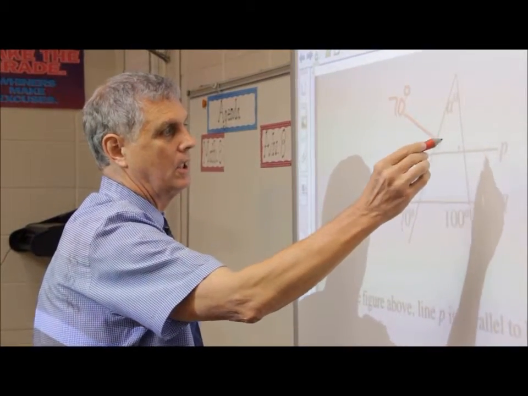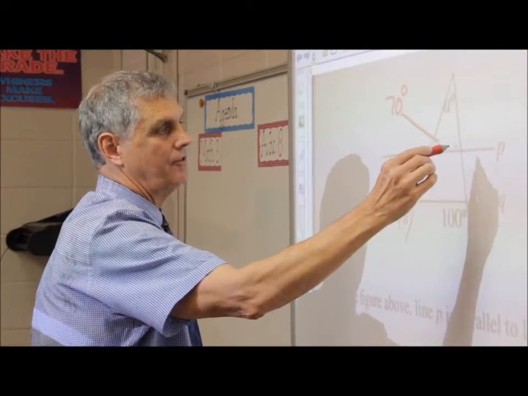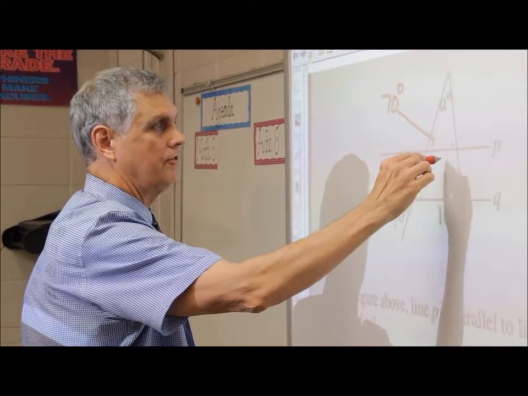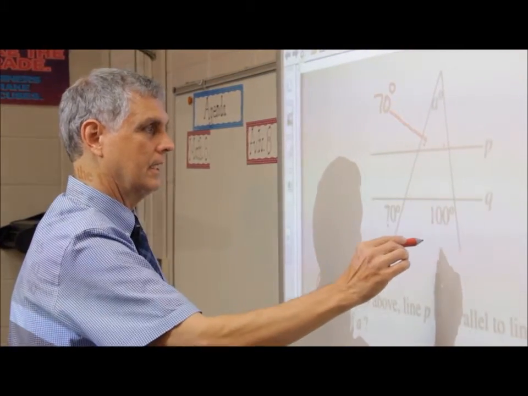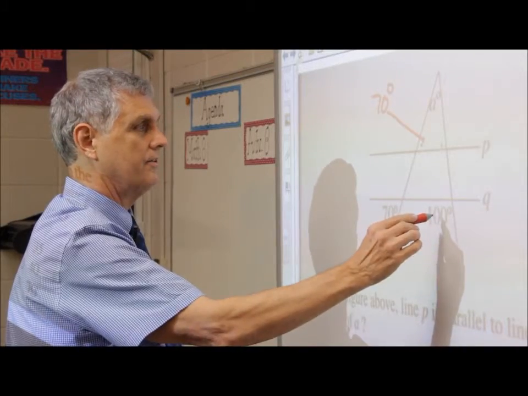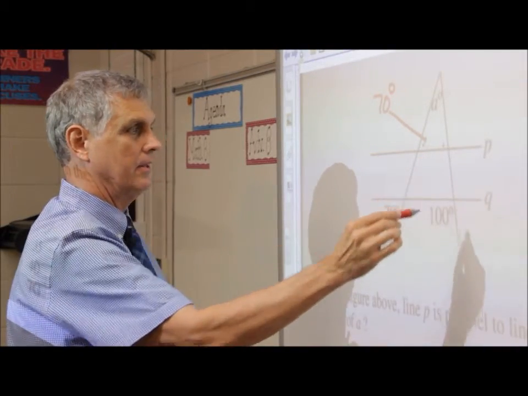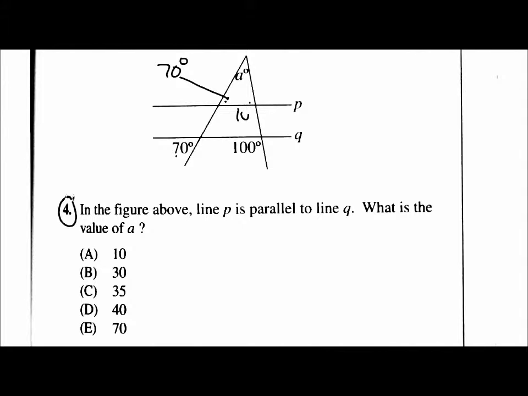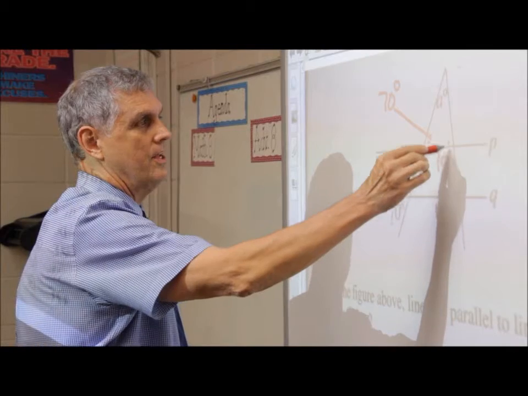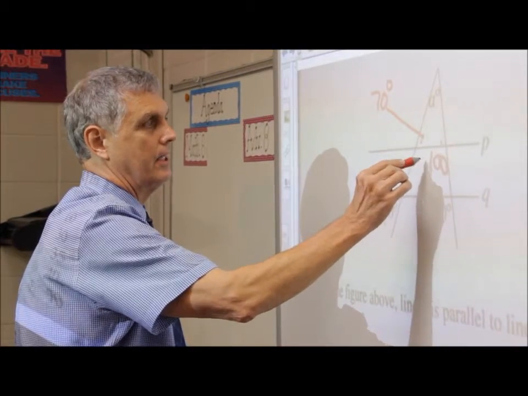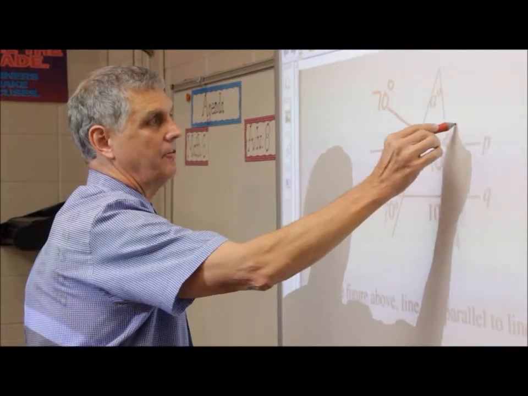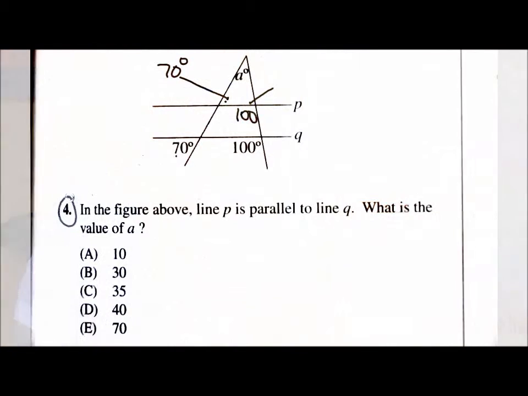So this angle right here has to be the same right here. This is underneath, so it would be the one underneath here. This has to be 100. And we also know that this angle right here, the 100, and this angle have to add up to 180 degrees. So we know this has to be 80 degrees over here. We know all that just from transversals.